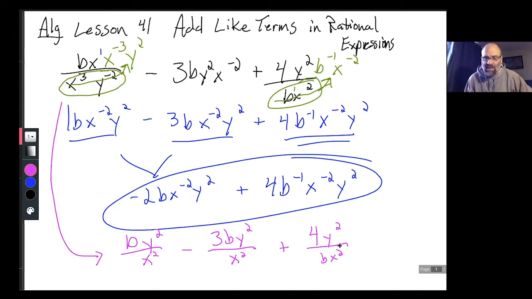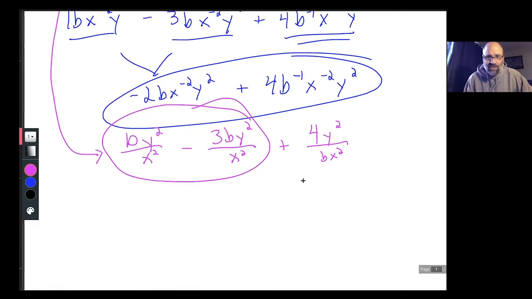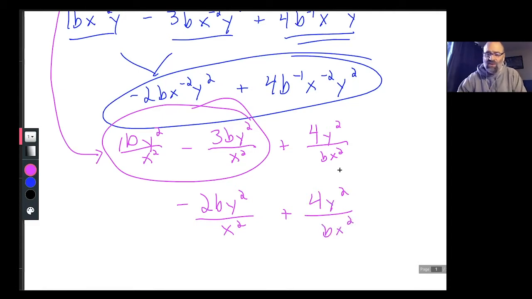So you can see that these two have the same denominator, right? So I could combine those. That's 1 of those minus 3 of those, so negative 2by squared over x squared plus 4y squared over bx squared. So you can also combine it like that, but we had to combine just the ones with common denominators.